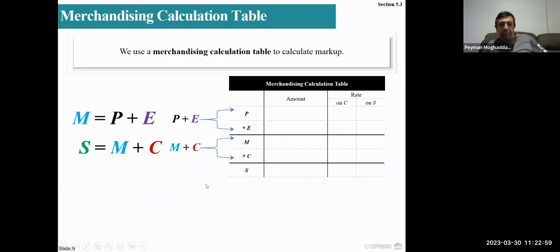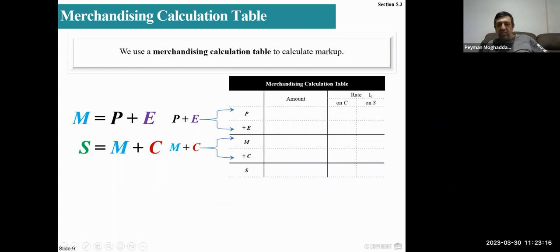Okay. You can also make the merchandising calculation table, which looks like this. So you put profit, expenses, markup, cost, and selling price, and you put the amount here, and also you can put the rate there too, right?